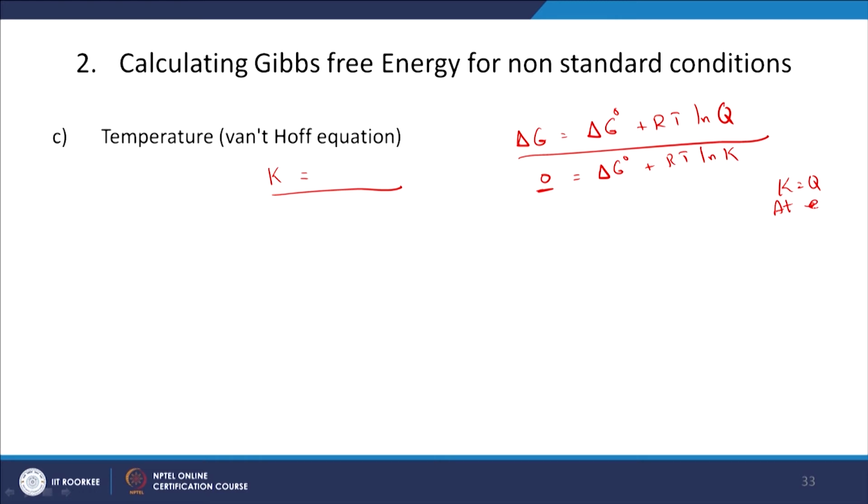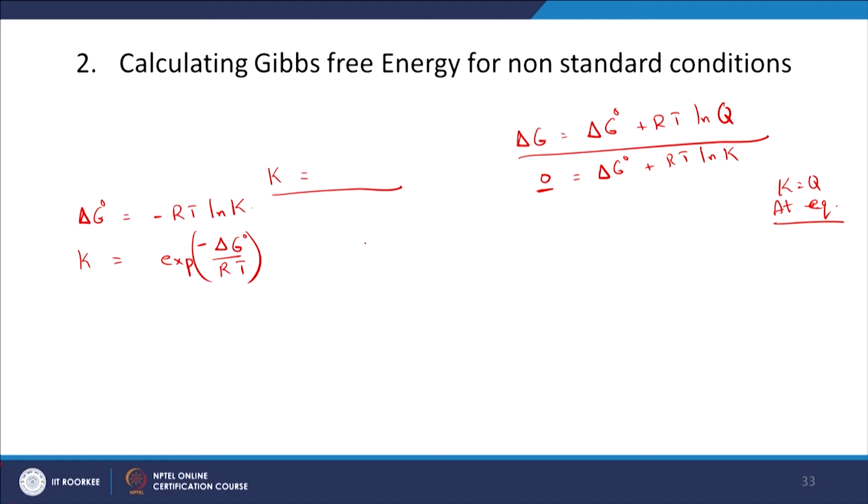This is something we discussed in the previous class. So now delta G naught is equal to minus RT natural logarithm of K, or that translates to K equal to exponential of minus delta G naught by RT. And here we will go back to the initial concept that we are aware of.